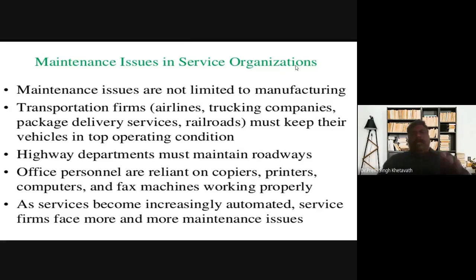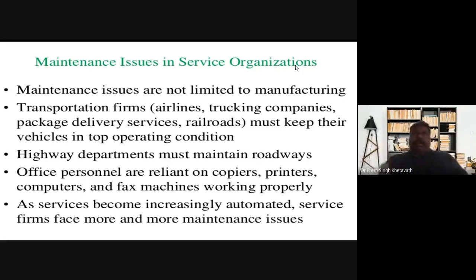Transportation firms, airlines, trucking companies, package delivery services and railroads must keep their vehicles in top operating condition, because we have travelers. You would have seen the Jabbar travels Volvo bus that caught fire. For a few years people were not booking any seats or travel plans with Jabbar Travels.